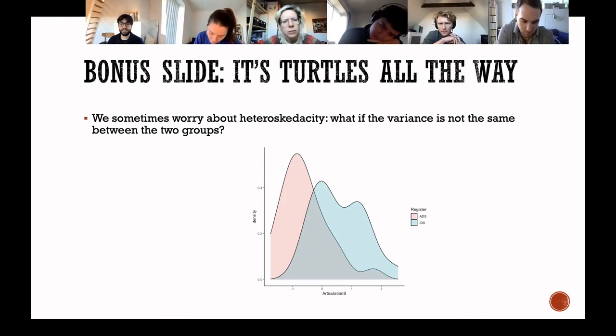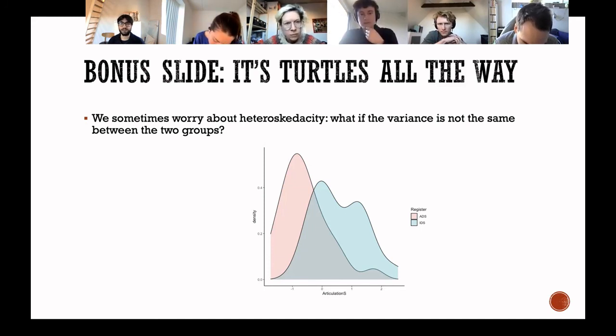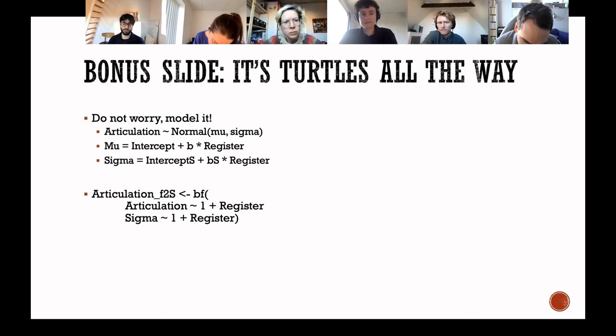But we don't need to change the test, right? The only thing that we need to do is to tell the model that it could expect a different level of sigma, a different level of predicted error, average predicted error, if we only know the intercept and register. What we do is we open up sigma.